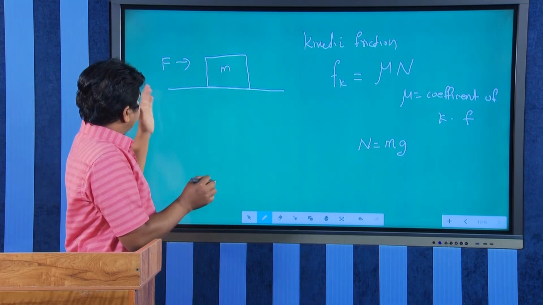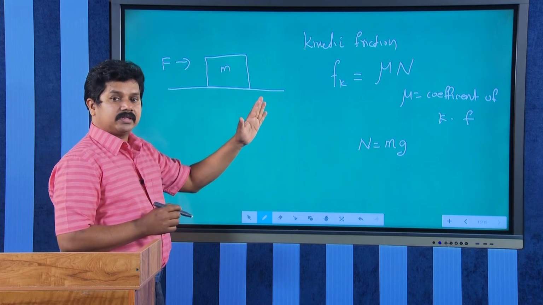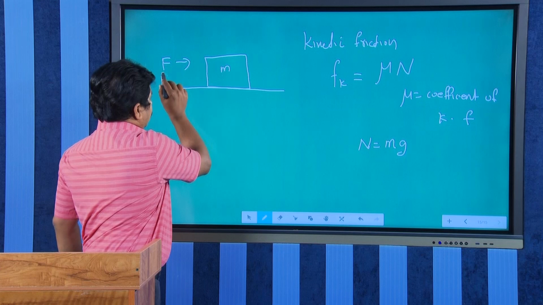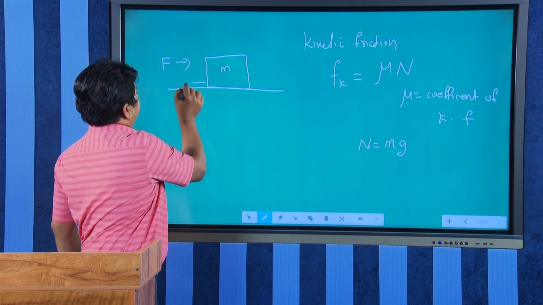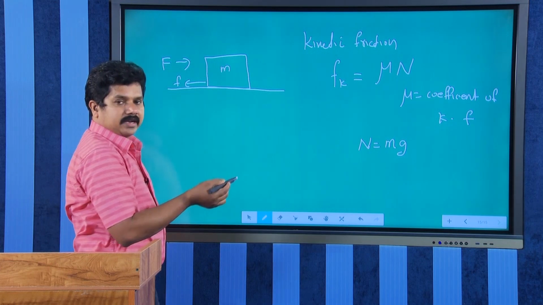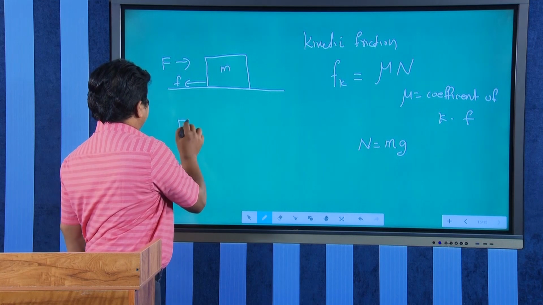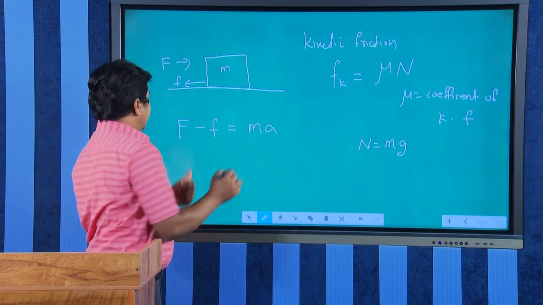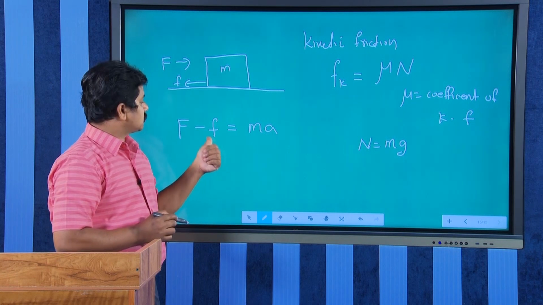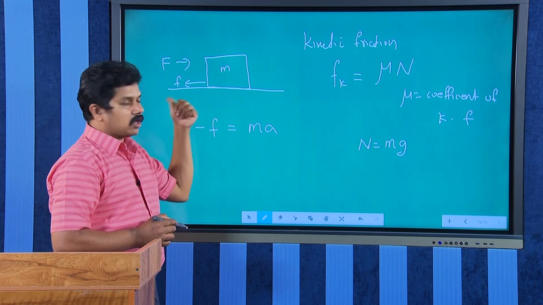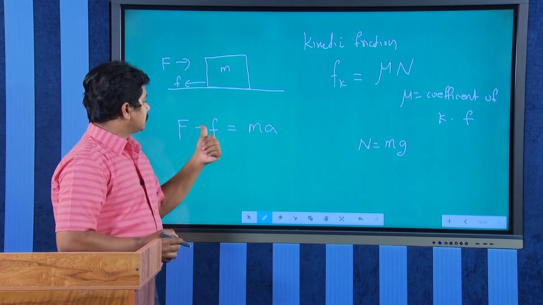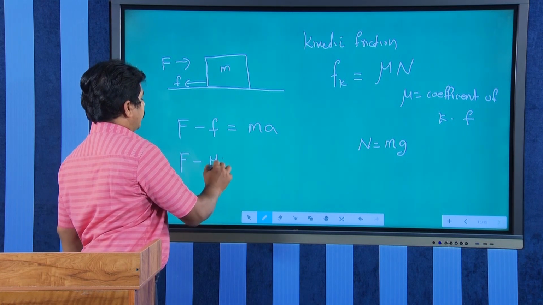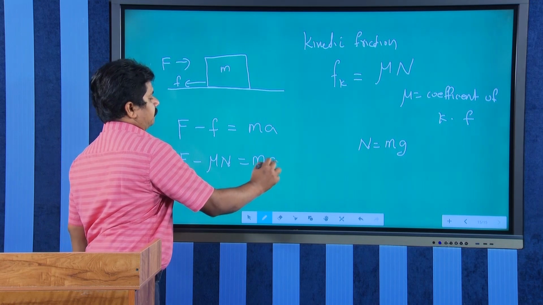Now, during the motion, what will be the force equation? Once the motion starts, frictional force, kinetic friction will be acting. So, we can write F minus f equal to m a, right. F is the applied force, small f is the frictional force, that will be in the opposite direction. So, F minus f equal to m a, or F minus mu n equal to m a.